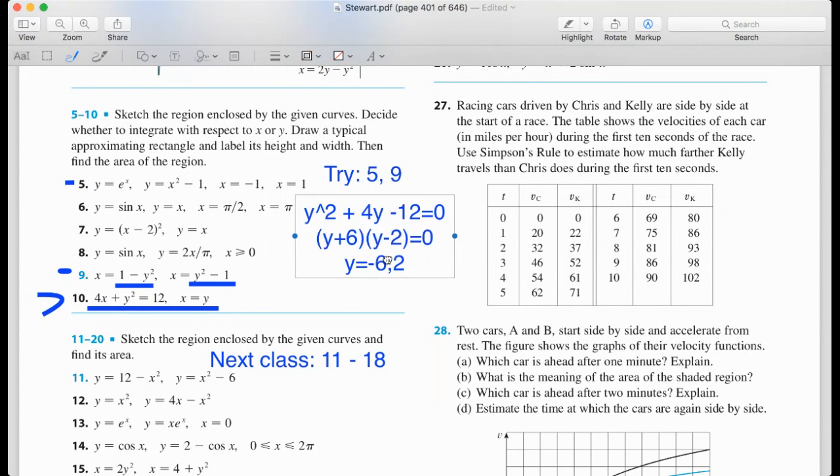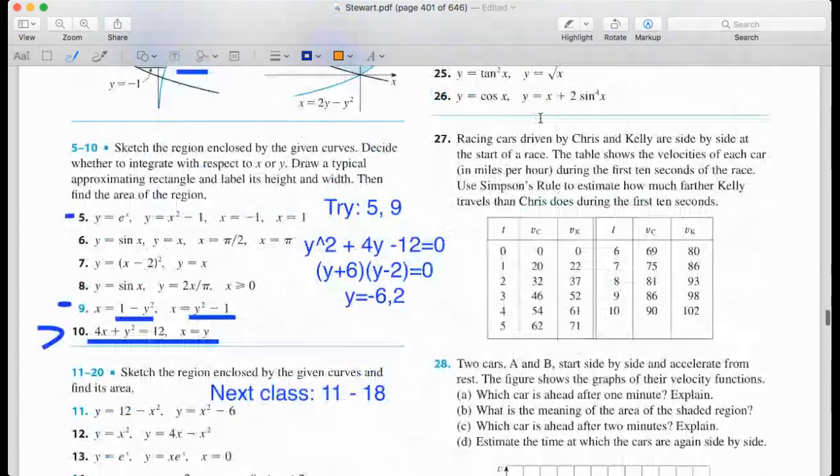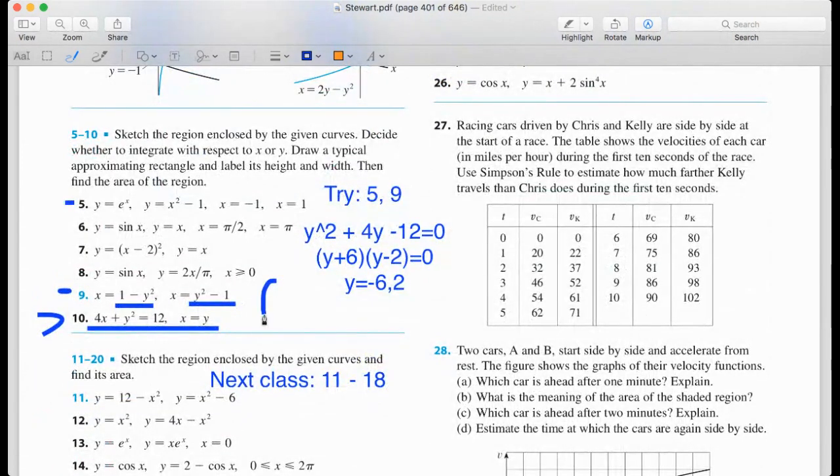So once we have this, we set up our integral from -6 up to 2. What's our integrand? Our integrand is left subtract the right.